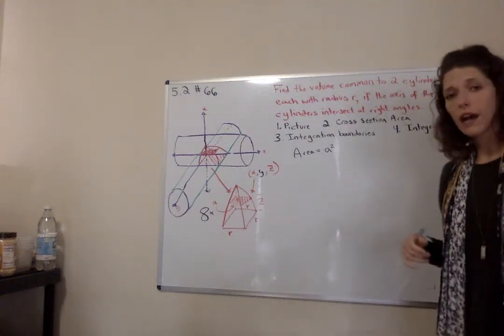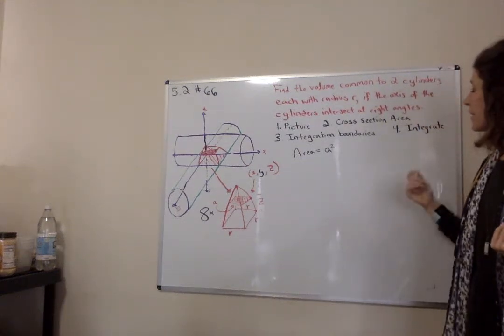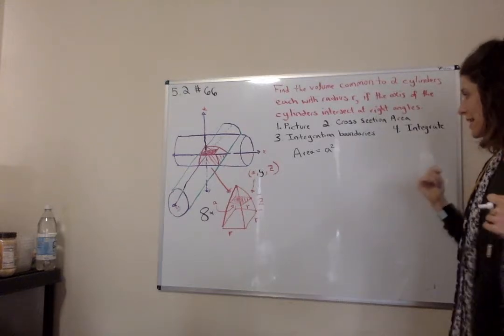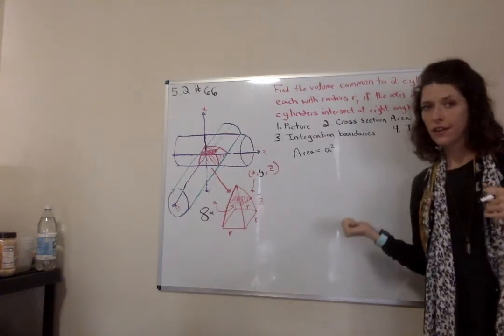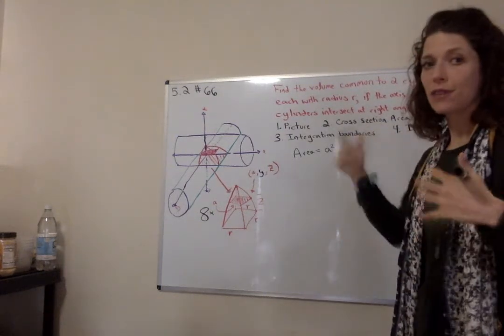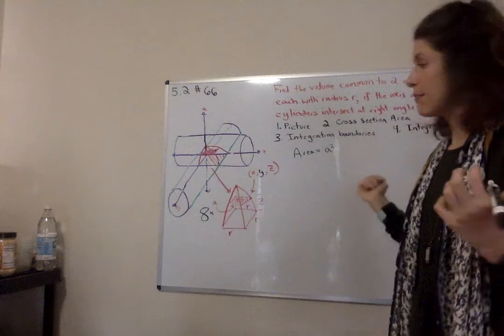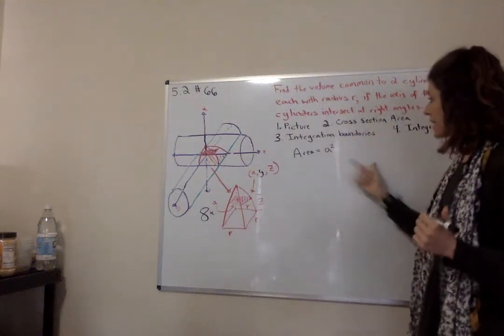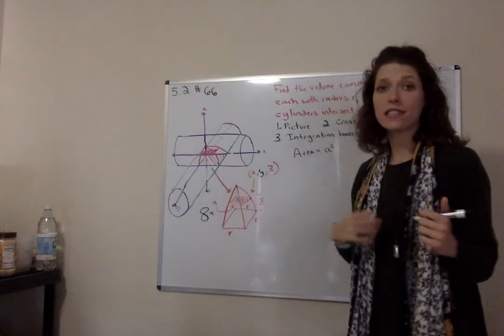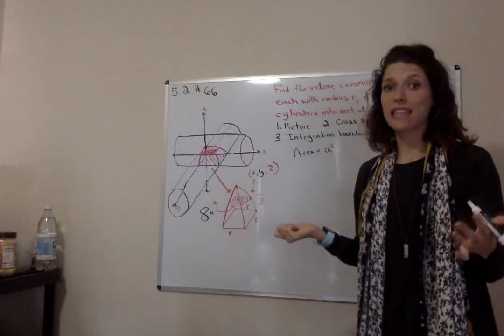But what I really want is for the area to be written in terms of x, y, z, and r. So I want to figure out how I can write this area in terms of x, y, or z, and my radius r. The way that I do that is by writing down some equations that define the cylinders themselves.